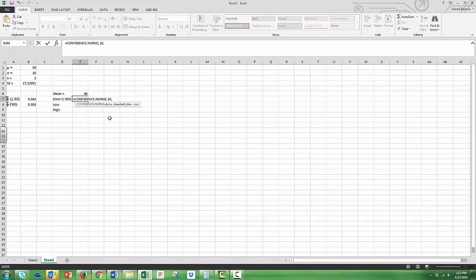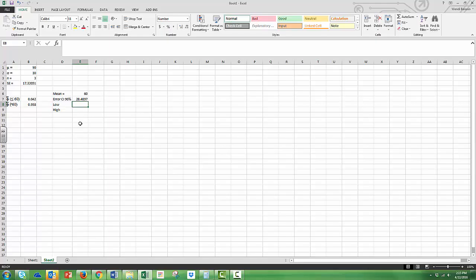Our standard deviation, use the actual standard deviation, not the standard error. And then the sample size. These two pieces of information will allow Excel to calculate the standard error in its own little awesome brain. So then hit enter. Now this tells us the margin of error. This tells us the spread of our interval.